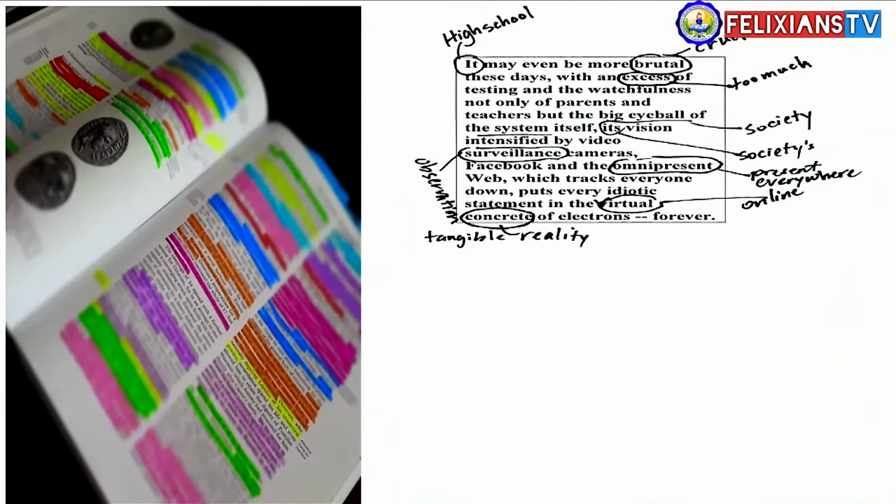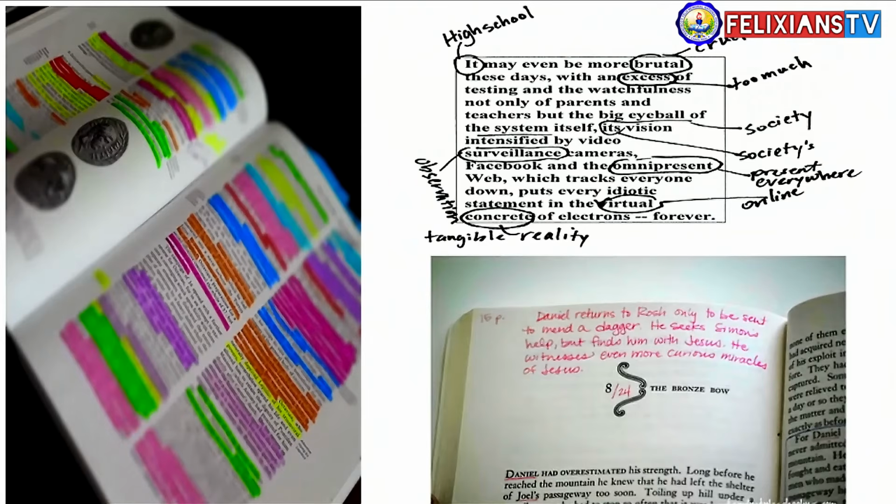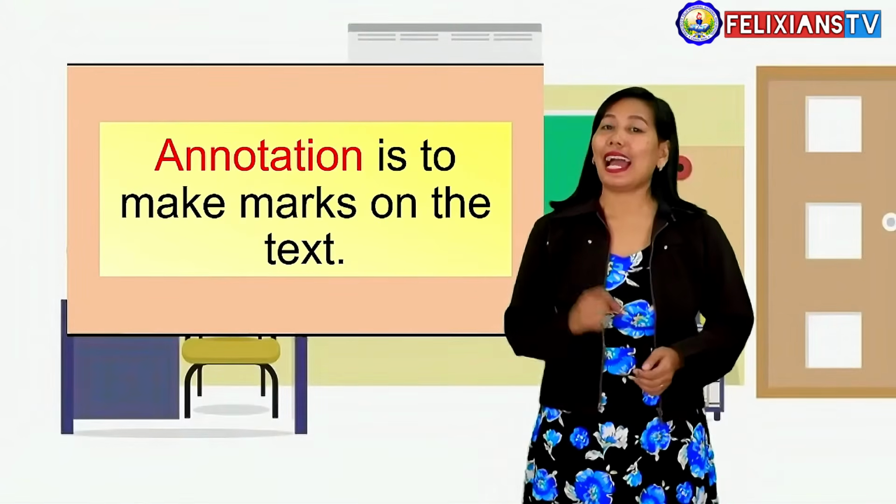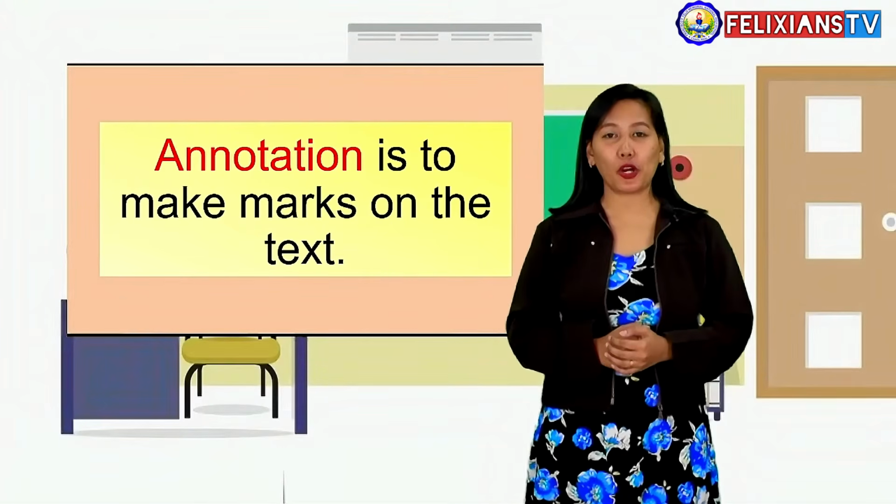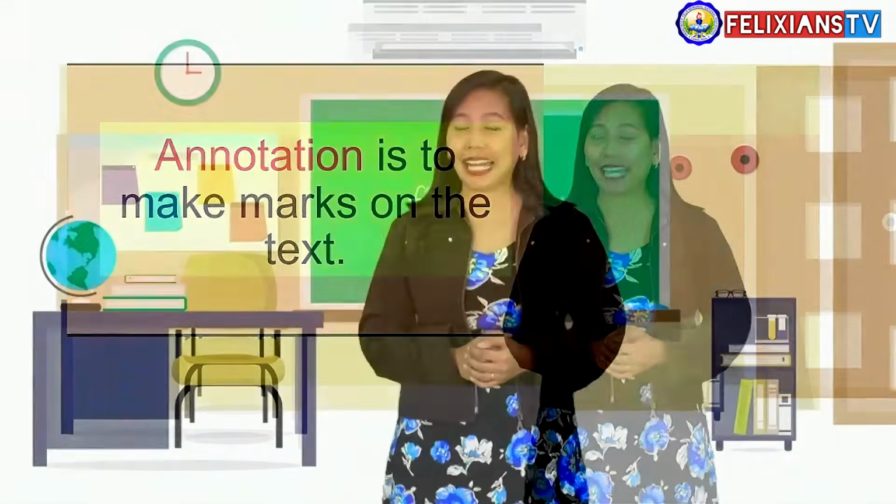Second picture. What does it mean? Alright, getting the meaning of unfamiliar words through looking in the dictionary or internet. The third picture. Alright, it's summarizing the text. Annotation is to make marks on the text. Have you tried annotating before?